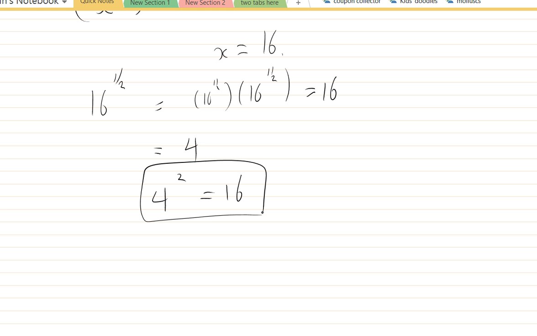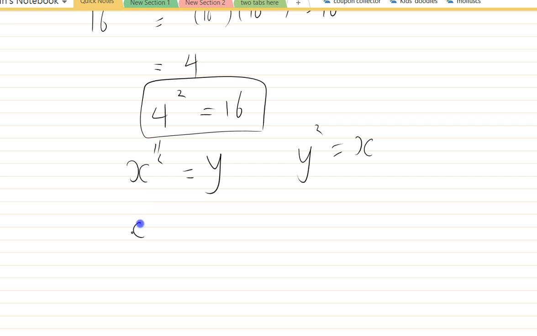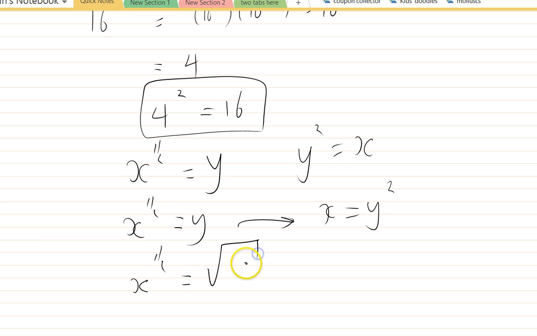So it's the square root. What we're seeking with a number x to the 1/2 equals, let's say, y, then we know that y squared equals x. So if I say x to the 1/2 equals y, that's the same thing as saying x equals y squared. You see, I'm writing it out in different ways. Or sometimes we write x to the 1/2 equals the square root of x. Okay?